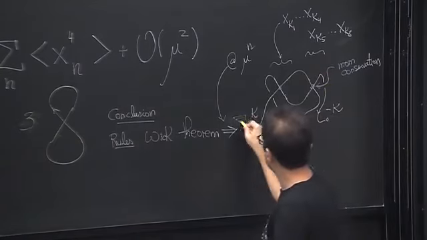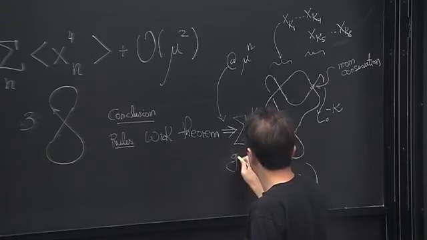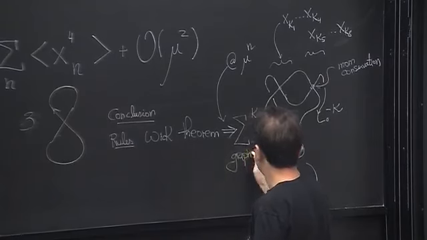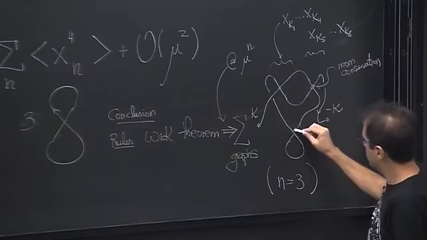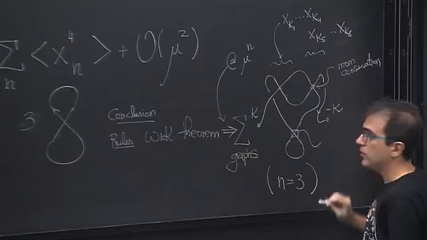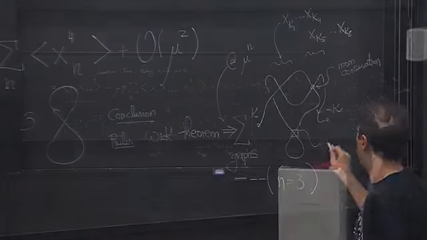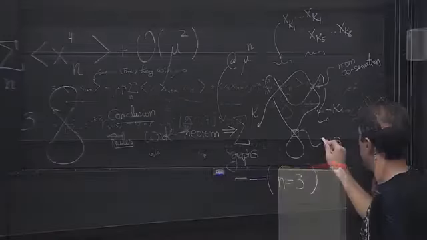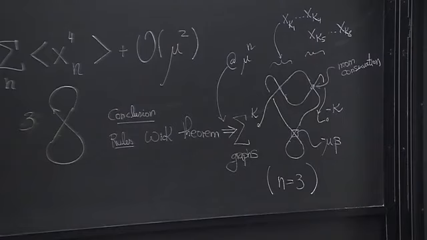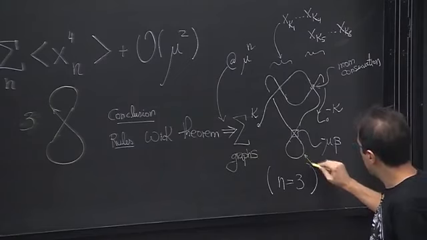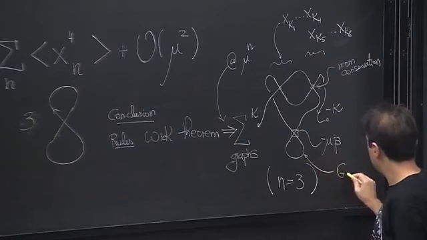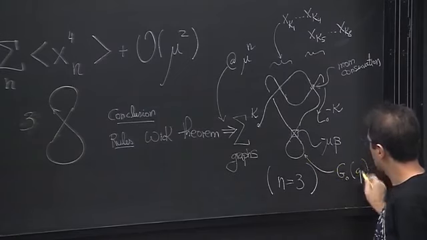And what you are instructed to do is sum over all possible graphs where you connect this. What is the rule? The rule is that each vertex will give me a factor of mu times beta, or maybe minus mu times beta in our conventions. Each line would give me a factor g0 of the corresponding momentum.